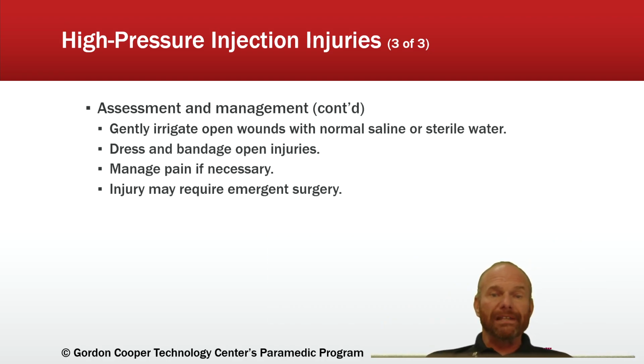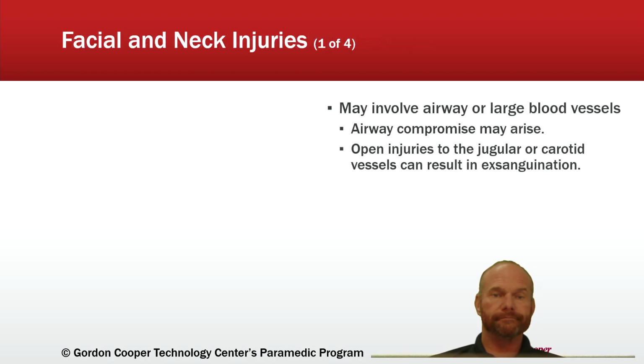The treatment's pretty limited: gently irrigate the wound with some saline, dress and bandage, manage pain. Now, face and neck, so this may involve the airway or the large blood vessels. Airway compromise can arise from substantial bleeding, like we mentioned before, and disruption of soft tissue as well.